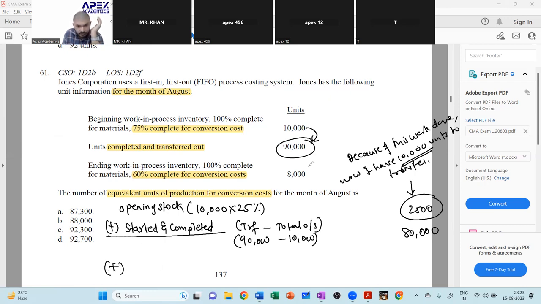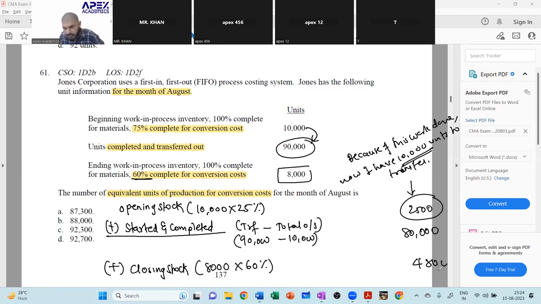I have a closing stock of 8,000 units, which are 60% completed. 8,000 units that are 60% completed is as good as saying that I have 4,800 units.